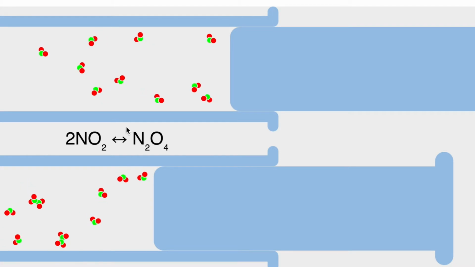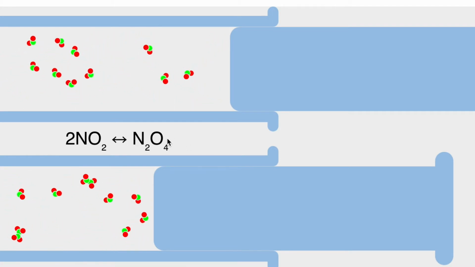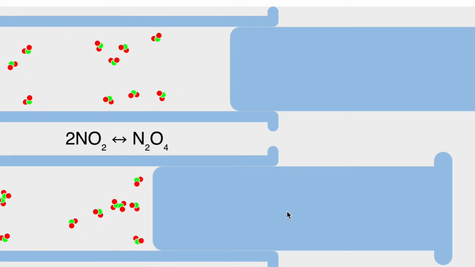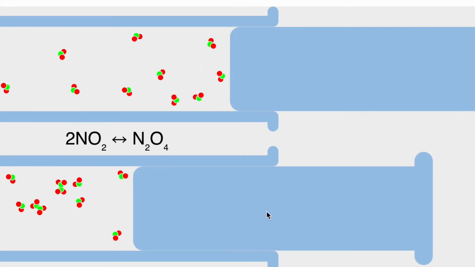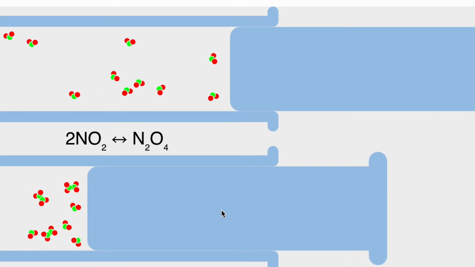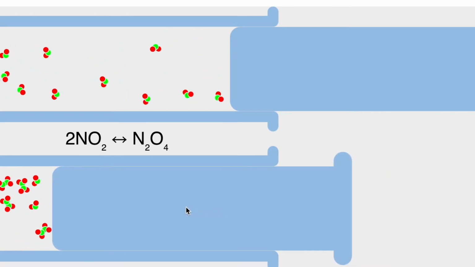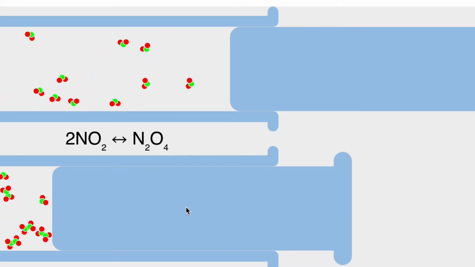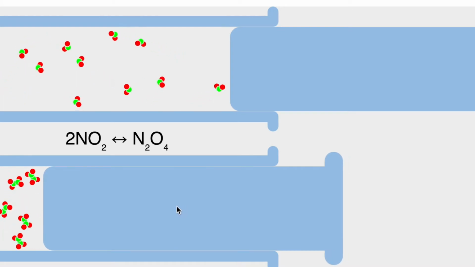So there's only one N2O4 molecule for every two NO2s it takes to form that, and so that is decreasing the pressure as we are increasing it. So it's acting to oppose this change. Continuing to increase the pressure, the reaction equilibrium shifts to oppose that change by favouring the reaction producing fewer moles.